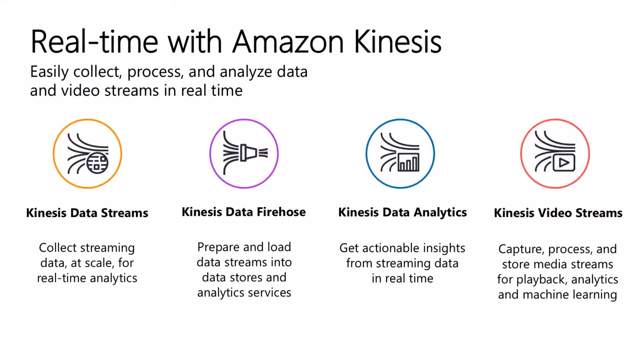So let's start with Amazon Kinesis. Amazon Kinesis allows you to easily collect, process, and analyze real-time streaming data to get timely insights and react quickly to the new information.